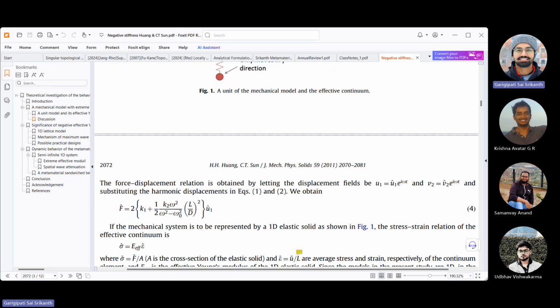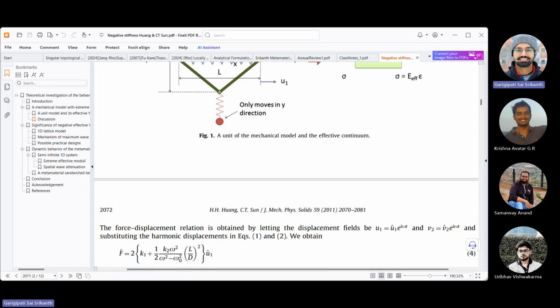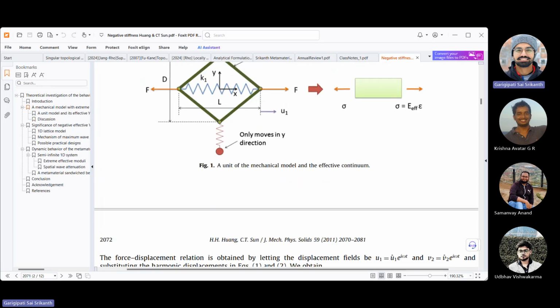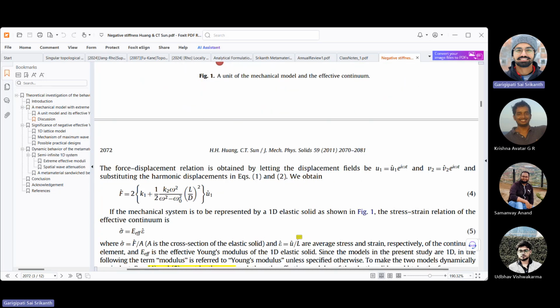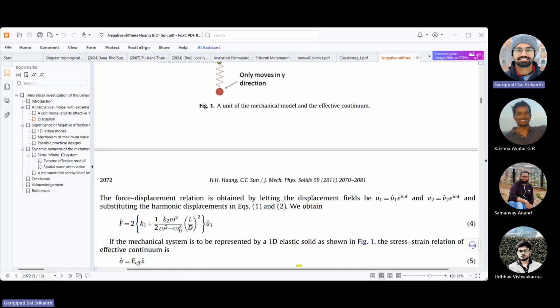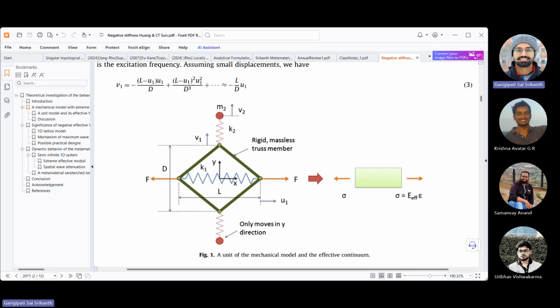Equation 4 captures the force required to vibrate at some omega, and omega naught is the local resonance frequency, which is the square root of k2 by m2.